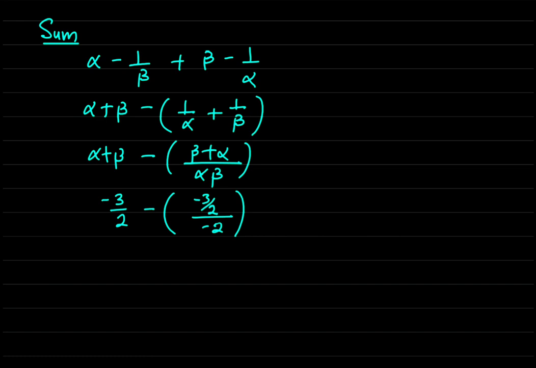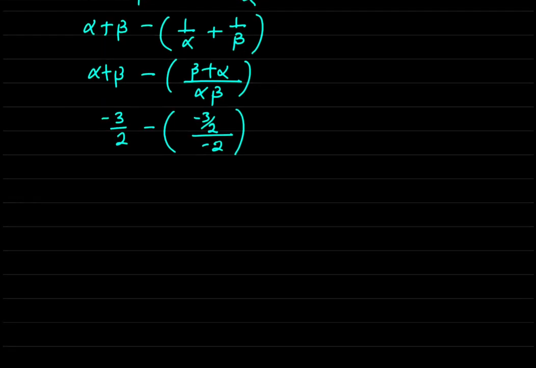I just substituted alpha beta and alpha plus beta, the sum and the product. Now this is going to be minus 3 over 2, and this will be minus 3 over 4. You find the LCM further, and the LCM is 4. This place is minus 6, then this is minus 3. So the answer is going to be minus 9 over 4. So we are done with this aspect of it.